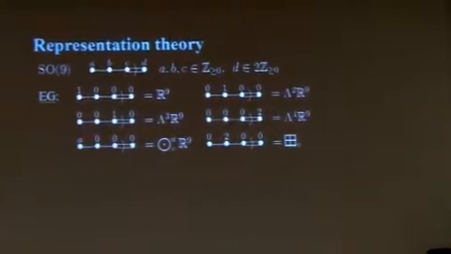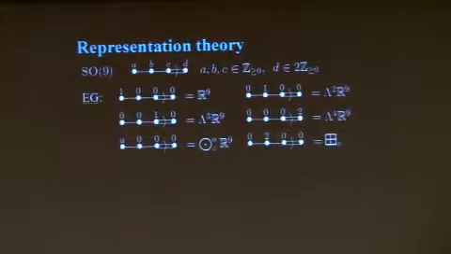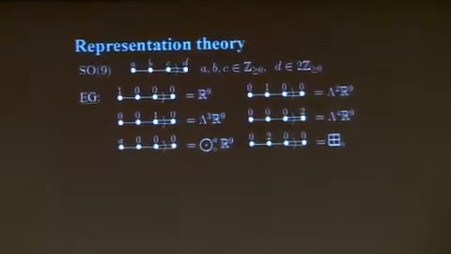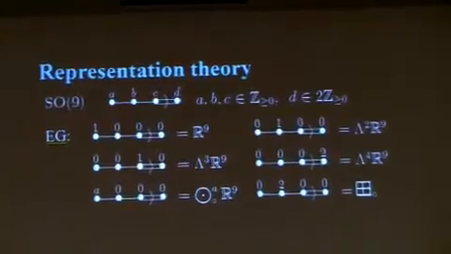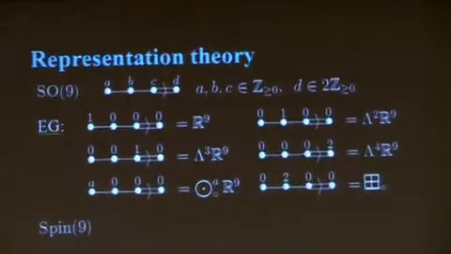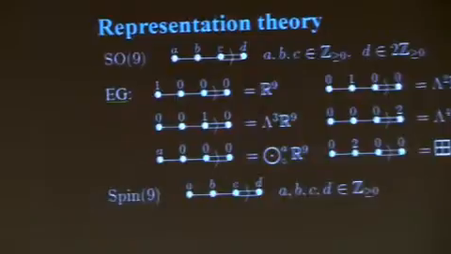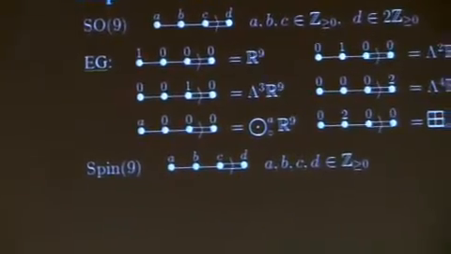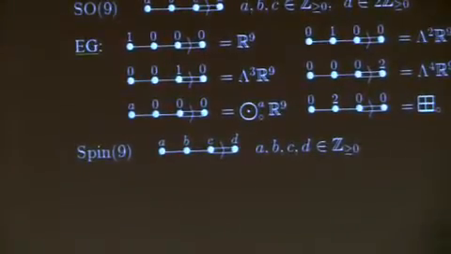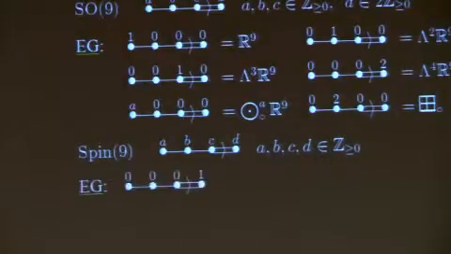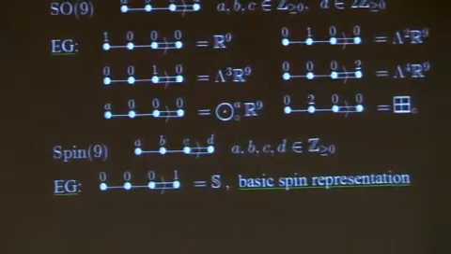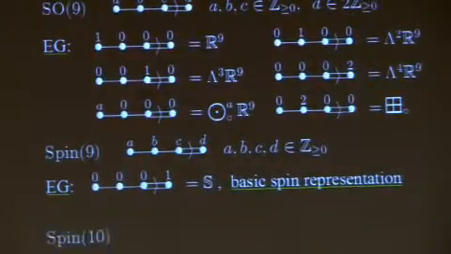So simultaneously, this notation is covering both the representations of SO9, and it's also, on the next slide, going to be describing the appropriate list of bundles that you have on your Riemannian manifold. As for spin 9, D here can be any integer, not an even integer. And in particular, if you put 1 over the end, that's the basic spin representation of spin 9.